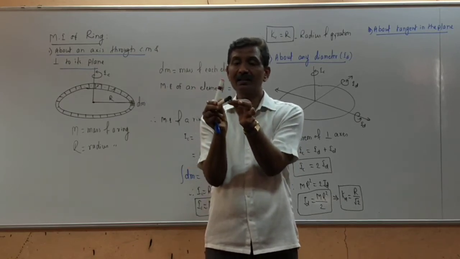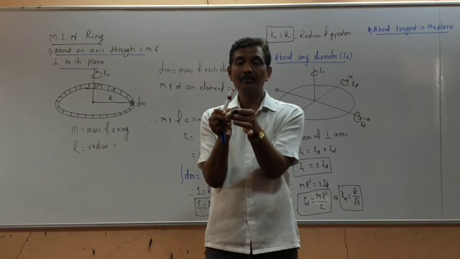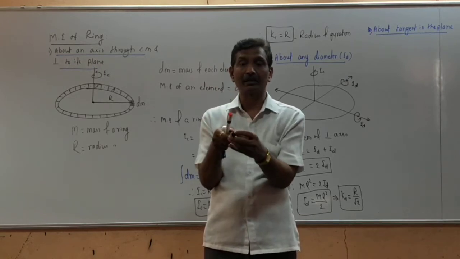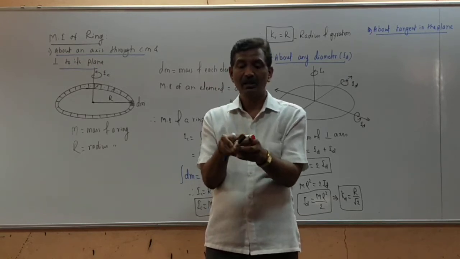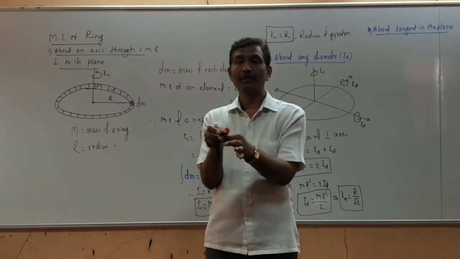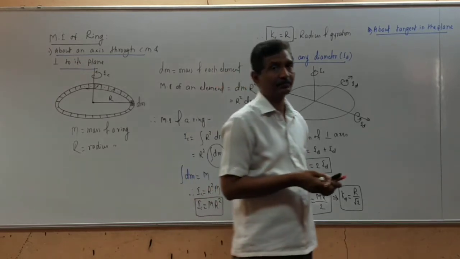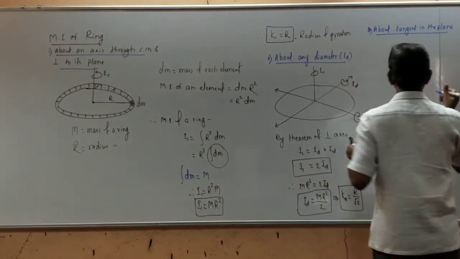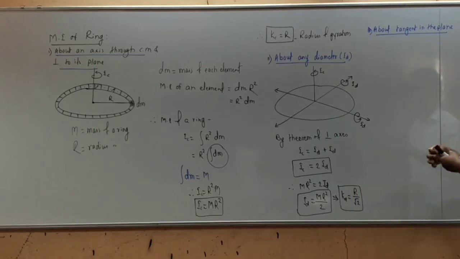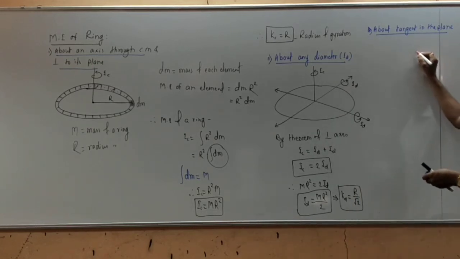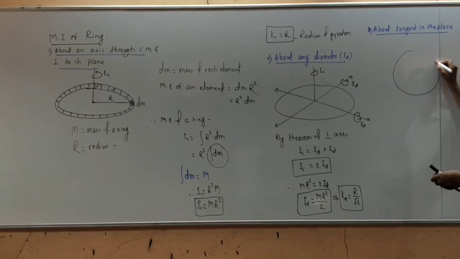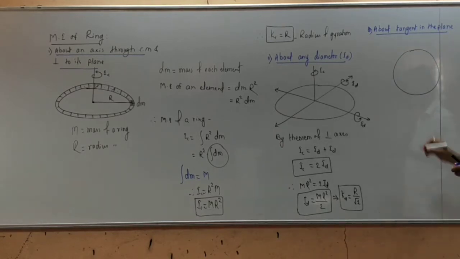So if you consider the tangent in the plane, it is parallel to any diameter, like this. So apply the parallel axis theorem. So this one is the situation. So this is the ring.